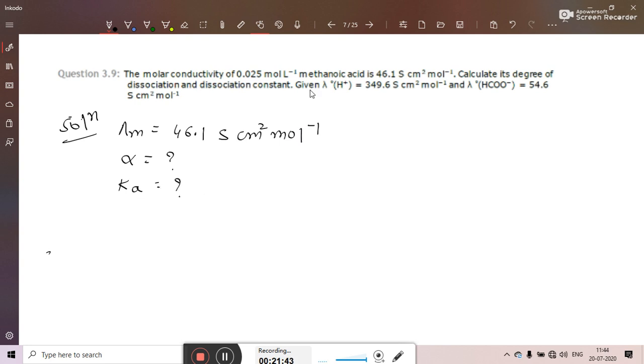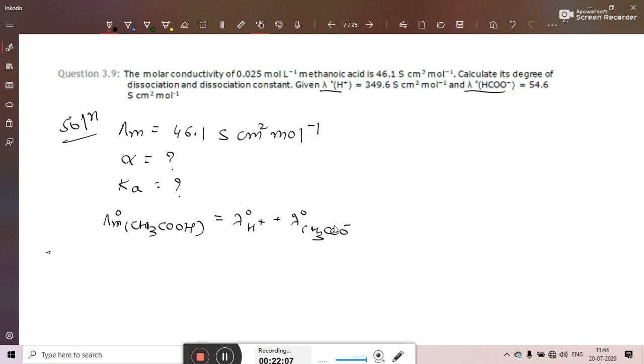Now given values are lambda naught of H+ and lambda naught of acetate ion. From this we can find out lambda m naught of acetic acid. So first of all let us find out lambda m naught of acetic acid. That will be equal to lambda naught of H+ ion plus lambda naught of acetate ion.